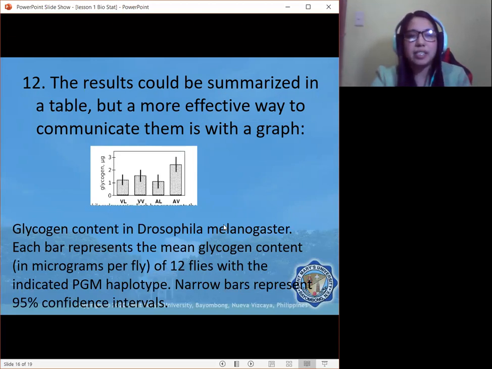So as you can see here, you also need to test or check some assumptions first before deciding what statistical test you are going to use. But the first step is always to start with the biological question you are asking.